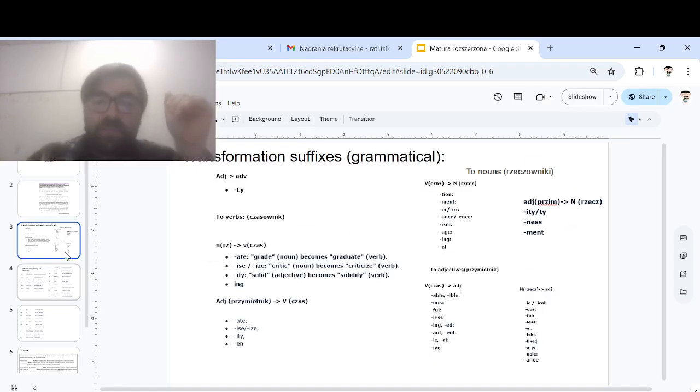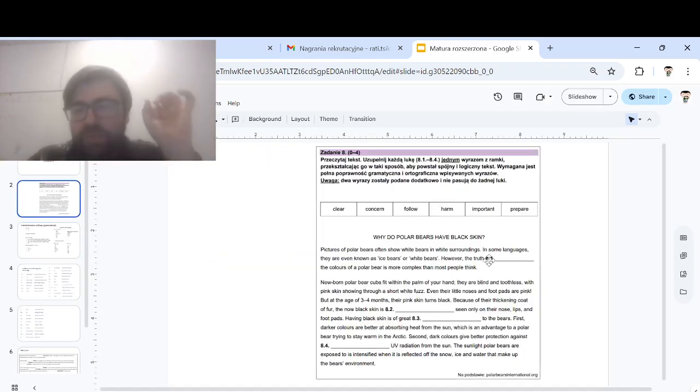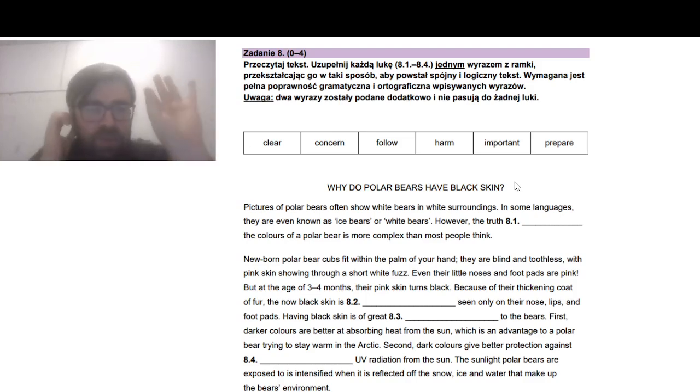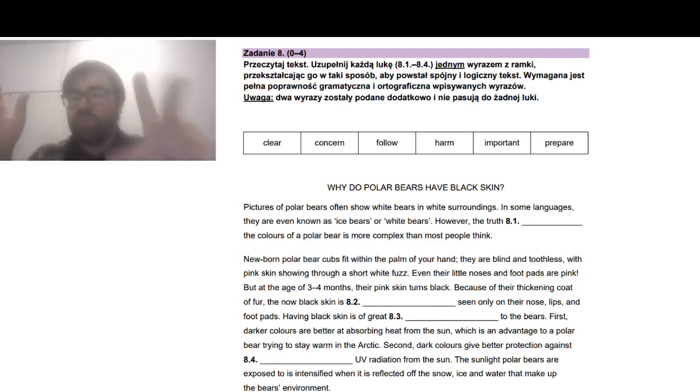So after you decide and you have the full word, read the sentence again. However, truth concerning the colors of polar bear is more complex than most people think. So as you see, if you read it afterwards and something hits your ear weirdly, something sounds incorrect, most likely that means that you made an error.